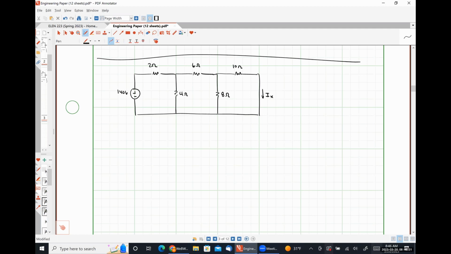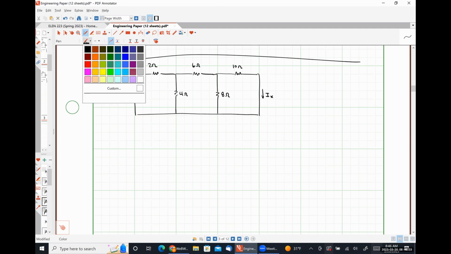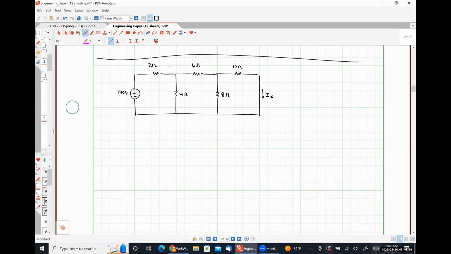All right. So effectively what I'm going to do here, I'm going to call this voltage V1, and I've drawn that dash line because I'm going to replace everything to the right of that dash line with its equivalent resistance for my first iteration of voltage division.